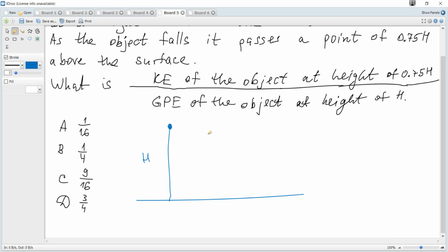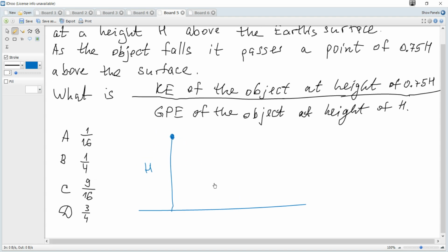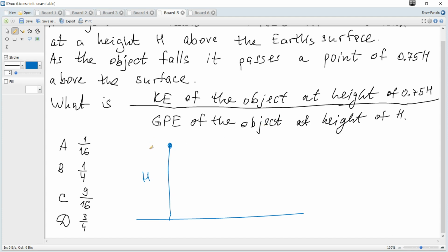Definitely about the law of conservation of energy. At height h, since it is dropped, it has gravitational potential energy only, because the initial speed is 0, so it's mgh. And at some height, and this height is equal to 0.75 or 3/4 h, it has what?